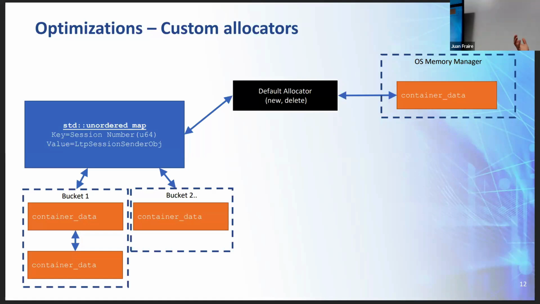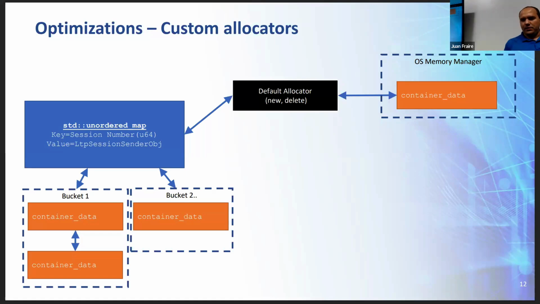So how does it get that memory? Well, every map has what's called a default allocator associated with it. And that basically says, if I need new memory, I'm going to use operator new or malloc. I'm going to call the OS memory manager, and I'm going to get new data from the operating system.